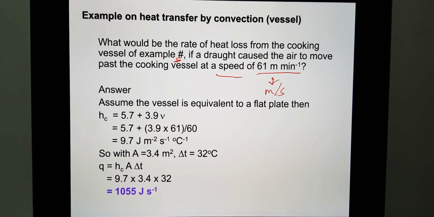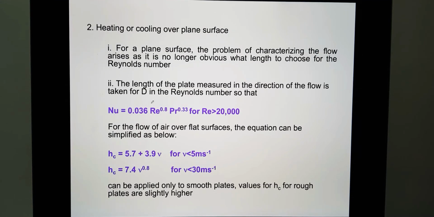1/60. Assume the vessel is equivalent to a flat plate, then you need to use the equation Hc equals 5.7 plus 3.9V. Where do you get this particular equation? Basically, this equation will be given to you, but to help you understand where it comes from, it comes from the previous example that we discussed, which is the flow of air over flat surfaces.